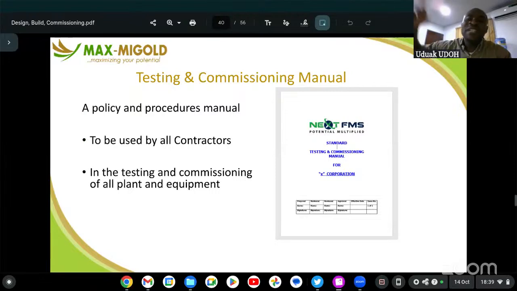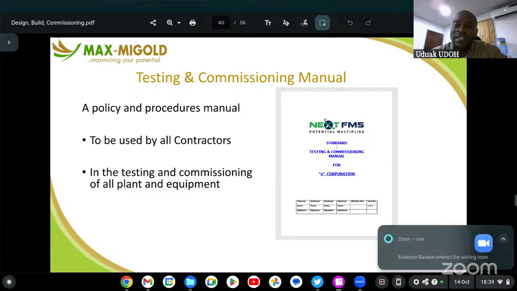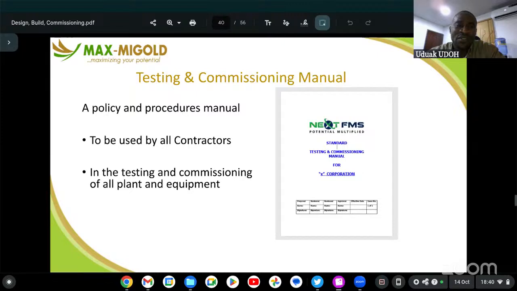If it really meets the end user's objective. If it does not, then it will need to be checked again and commissioned again until it reaches the needs of the end users. If that satisfactory level is met, then we can continue to go on. So it's always used by all contractors.